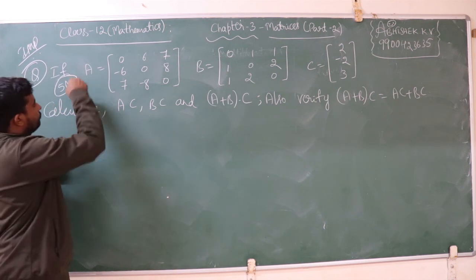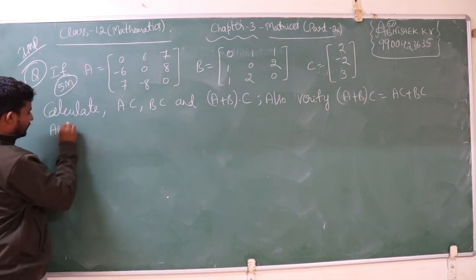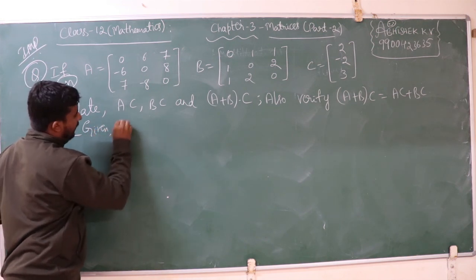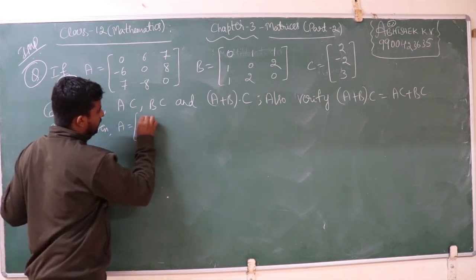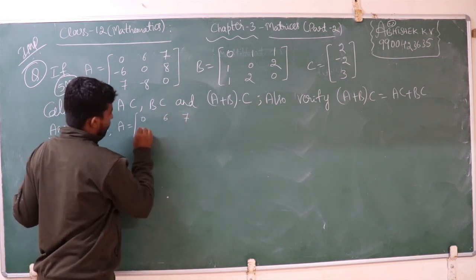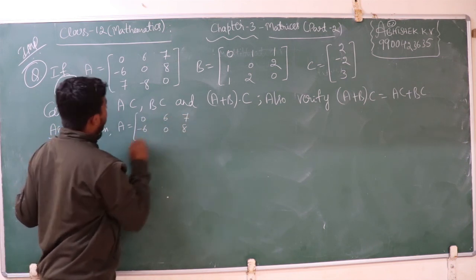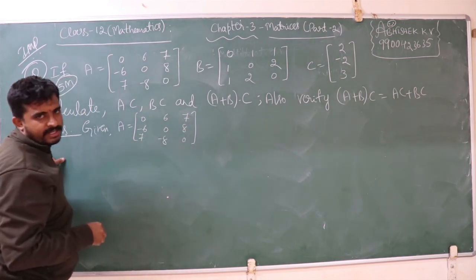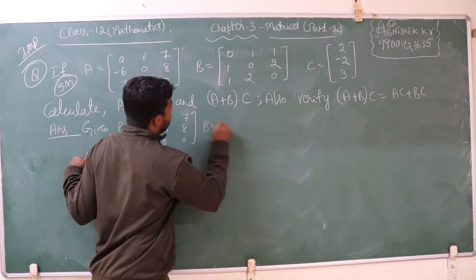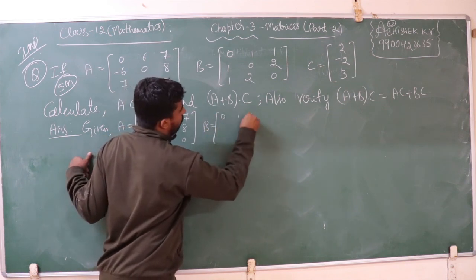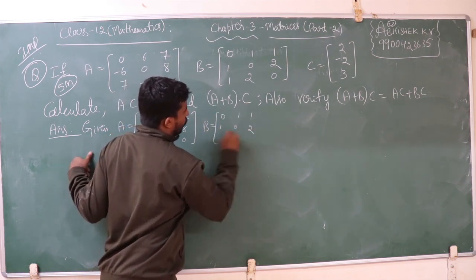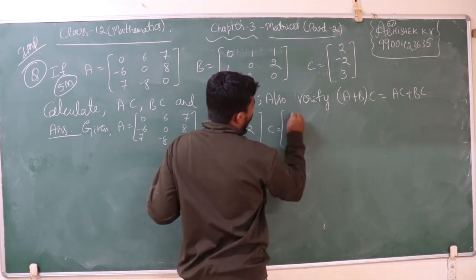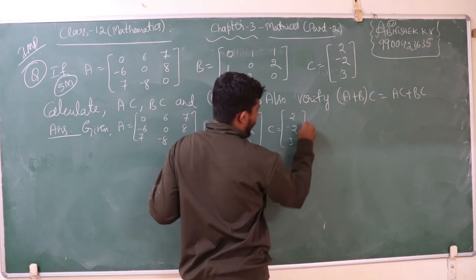Your answer should be like this. Given A is equal to 0, 6, 7, minus 6, 0, 8, 7, minus 8, 0, and B is equal to 0, 1, 1, 1, 0, 2, 1, 2, 0, and C is equal to 2, minus 2, 3.